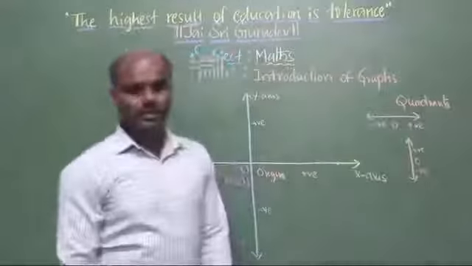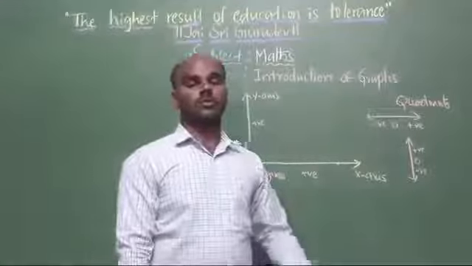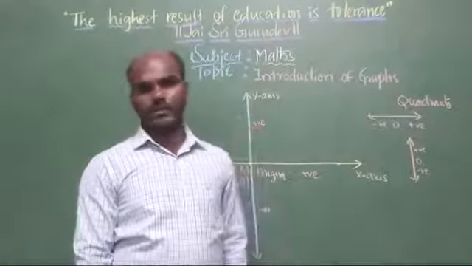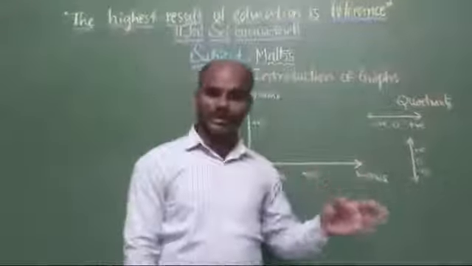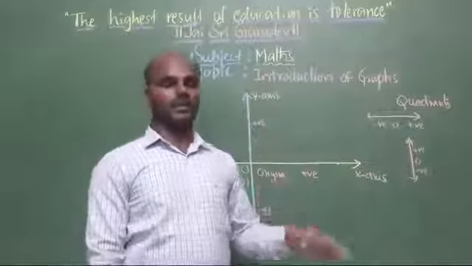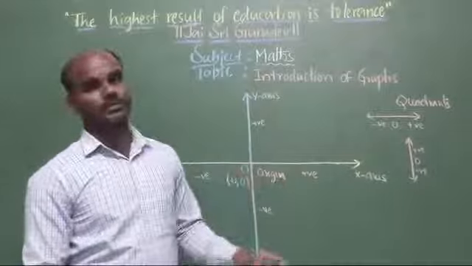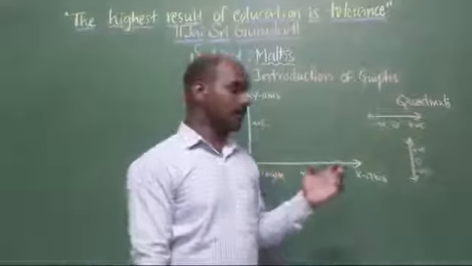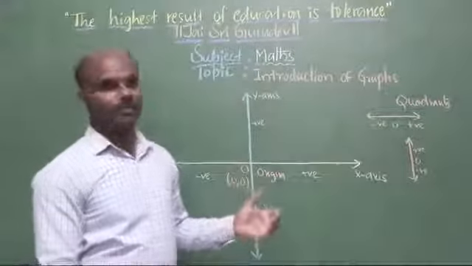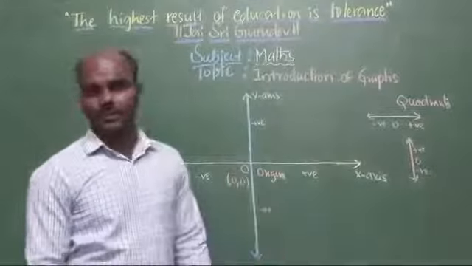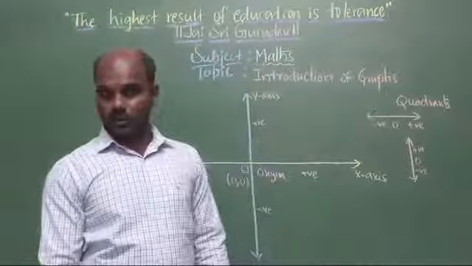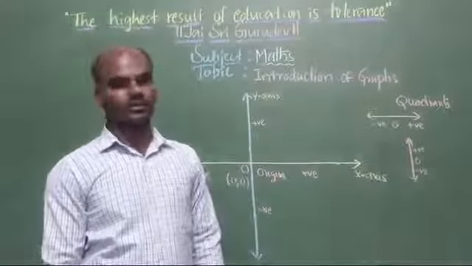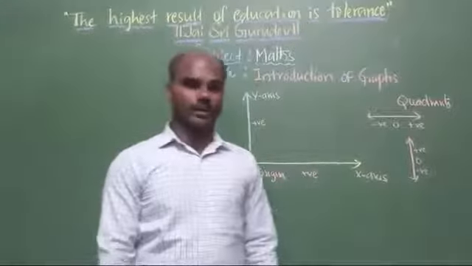So how many quadrants are there, children? 4 quadrants we are having now. The first one we take as Q1, that is quadrant 1, the second one will be quadrant 2, the third one quadrant 3, and the fourth one quadrant 4. So Q1, Q2, Q3 and Q4 are the 4 quadrants.